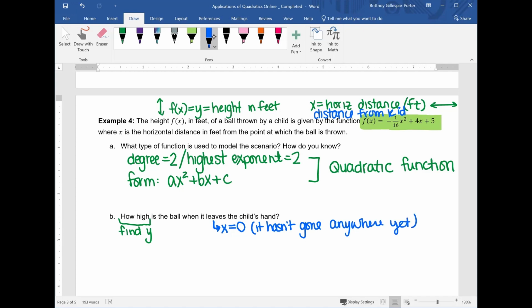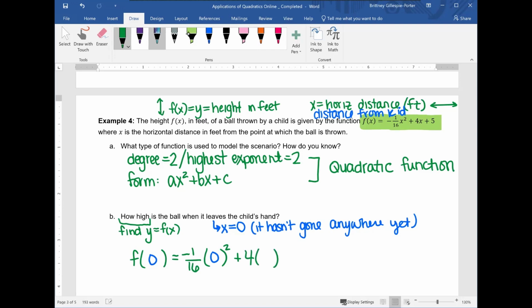So they're asking us to find y when x is 0, which means we're going to take our function f, which is y, and we're going to plug in a 0 every time we see an x. So we're going to have negative 1 all over 16 times 0 squared plus 4 times 0 instead of 4x plus 5.